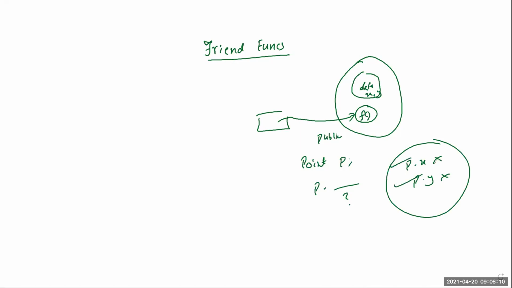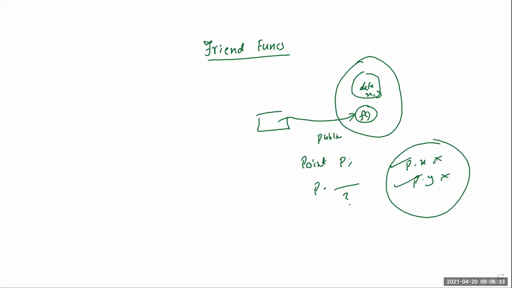Okay. As we also discussed last time, this is actually a violation of the basic principles of object-oriented programming, that normally we say that data should not be accessible outside the class, right? That's why we make it private. So that's why you see friend functions are not very commonly used, right?